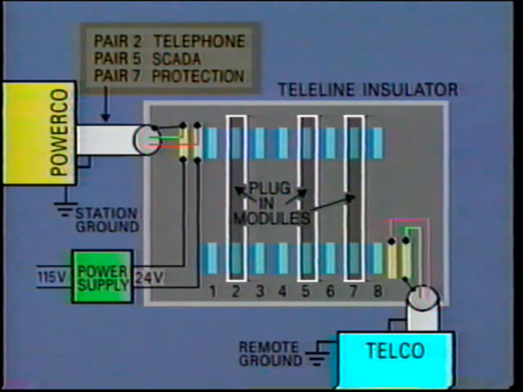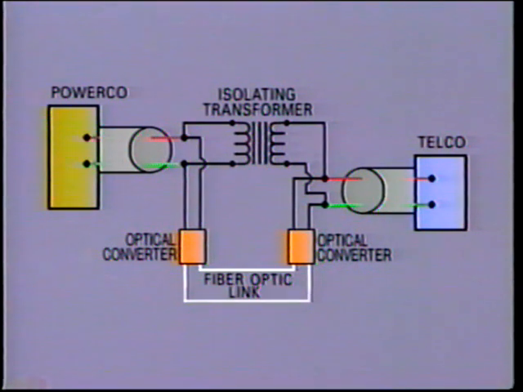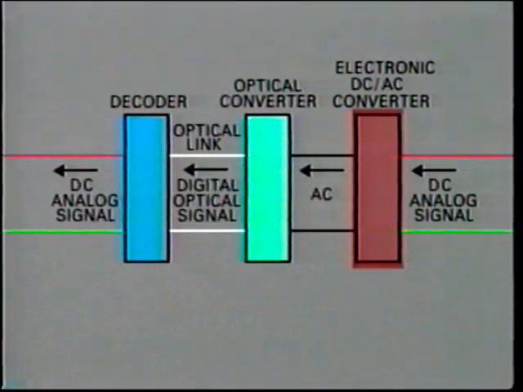Each of these will be connected to a separate card. Each card has capacity for one 2-wire or 4-wire circuit. Each card contains the isolating transformers and optical isolators appropriate to that card's particular function. The electronics convert the DC signaling to AC tone frequencies above the audio band.